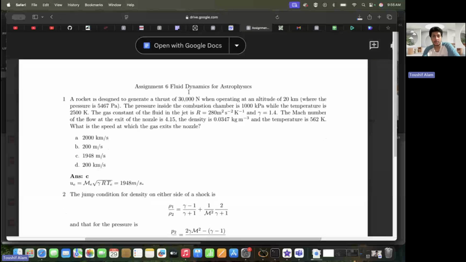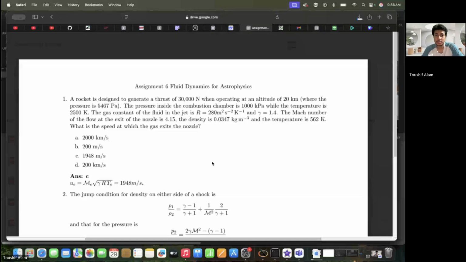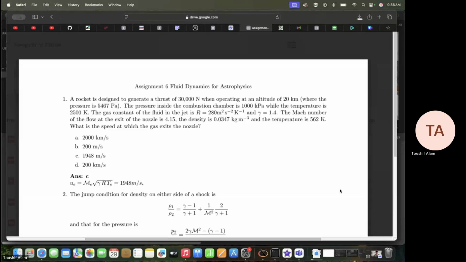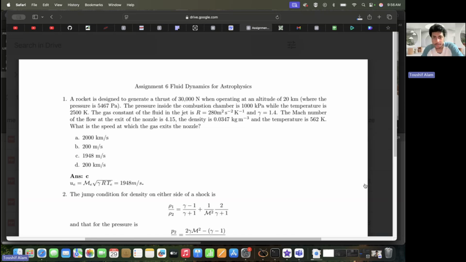Now we are doing assignment 6. Now we have some model questions. We don't have much time, so we'll start from here.